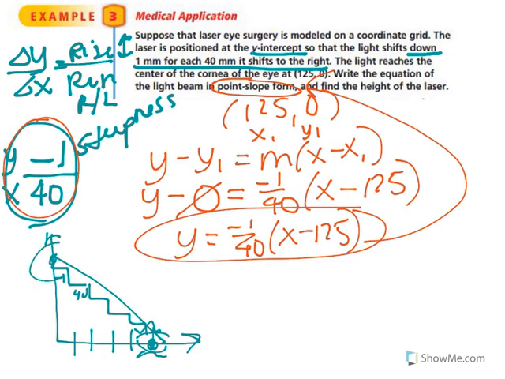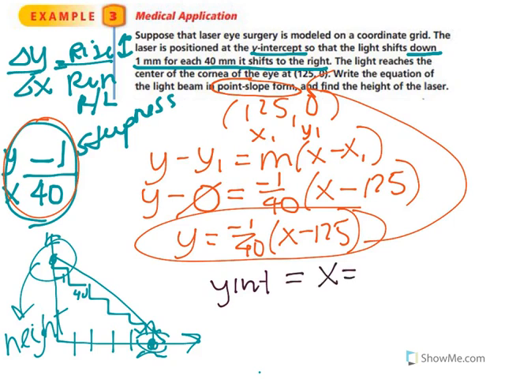So what we're looking for is, what is the actual height? So I have to find the y-intercept. Now remember, from section 8.3, the y-intercept is when x is equal to 0. I have my x-intercept when y is 0, but my y-intercept is when x is equal to 0.